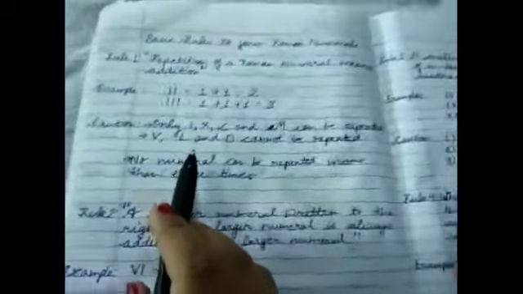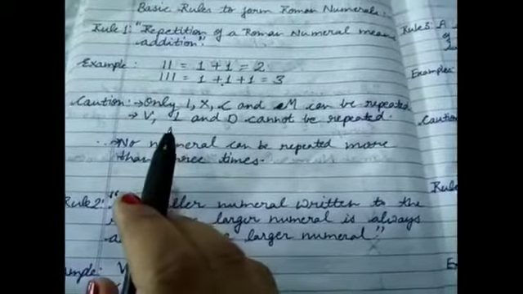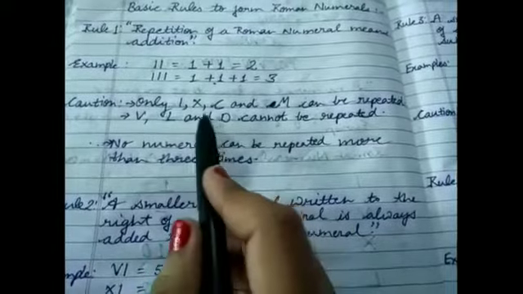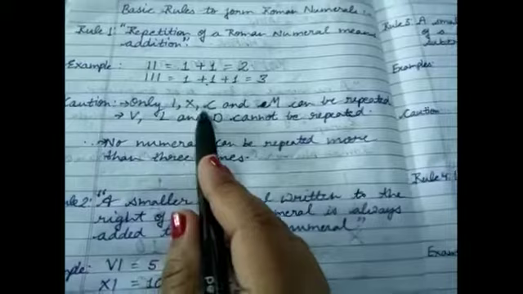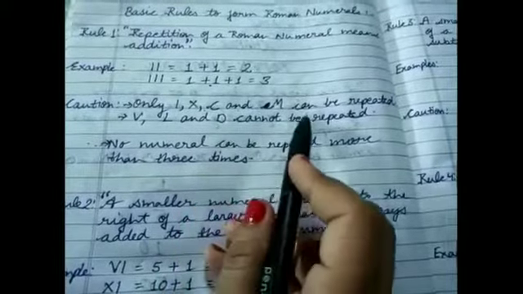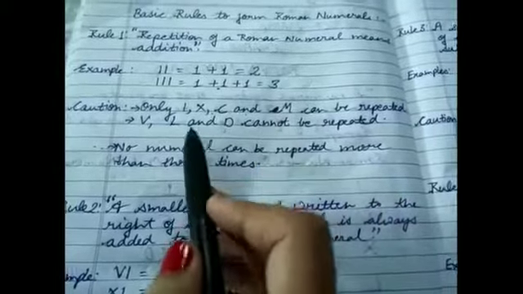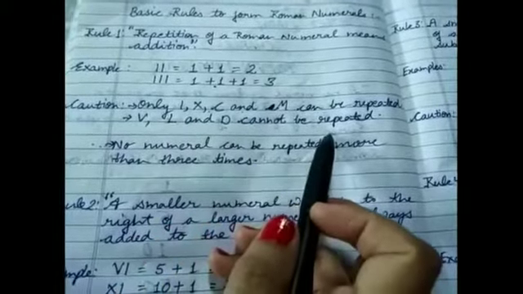But students, there is some caution, means some Roman numerals cannot be repeated. Only I, X, C and M can be repeated, others cannot be repeated, like V, L and D cannot be repeated.